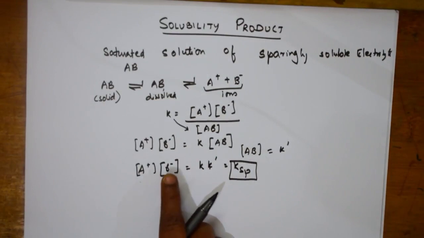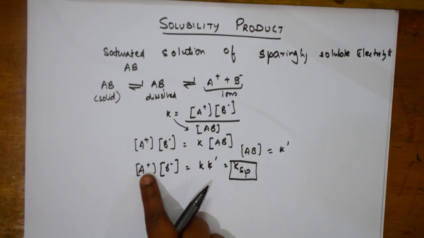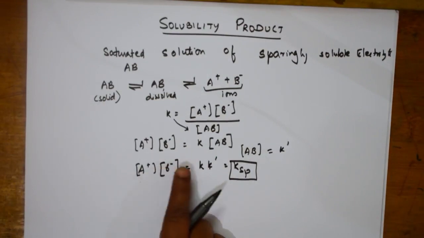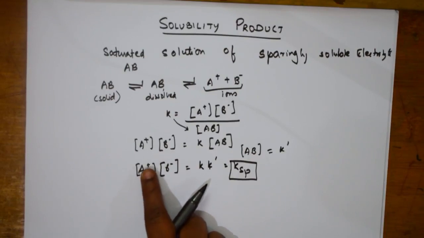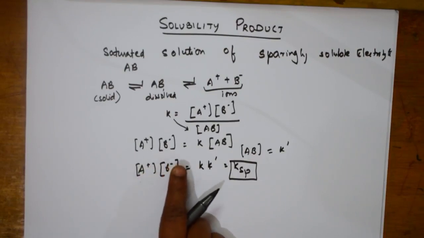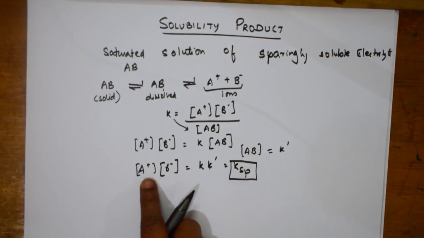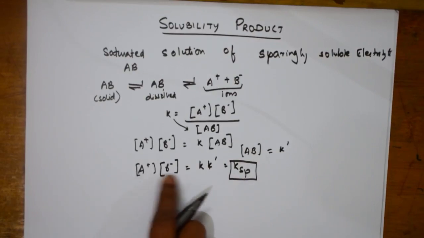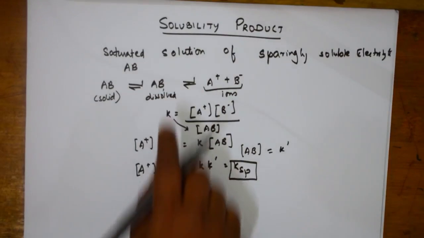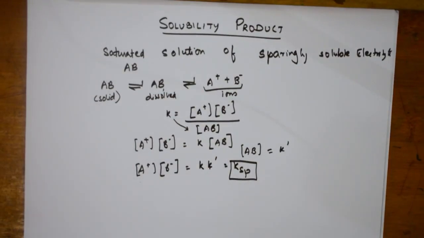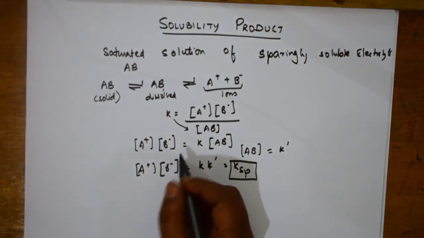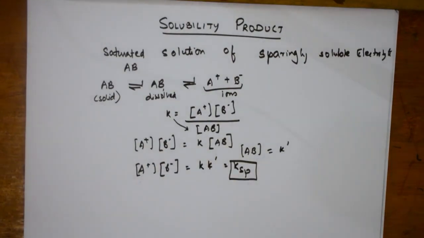In it, each concentration term is raised to the power equal to the number of ions present in the chemical equation. So I am defining Ksp as a product of the molar concentrations of the ions present in the saturated solution, each raised to the power of their number of ions.